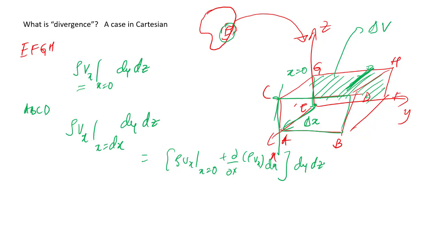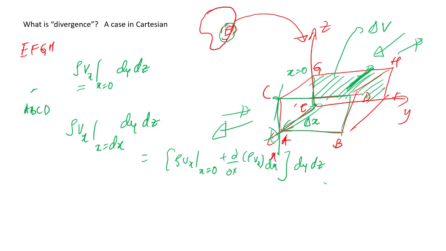If I want the net flow through this x-axis in this direction, if the flow is coming in here, it's going out here, right? What is coming in for EFGH is going out for ABCD. If you consider it the other way, if it is flowing this way, what is coming in for ABCD is what is going out for EFGH. So I'll have to subtract.